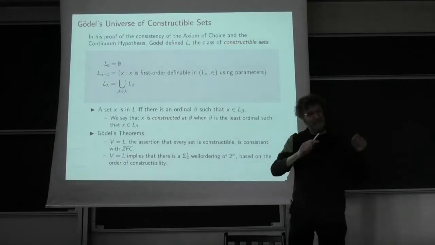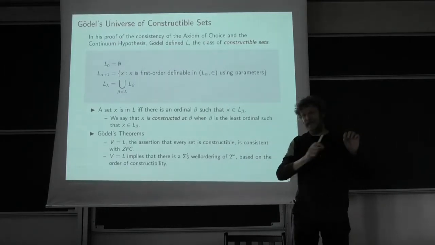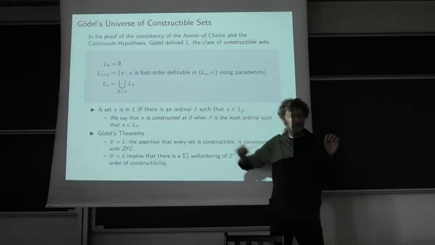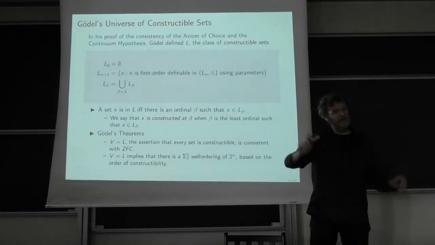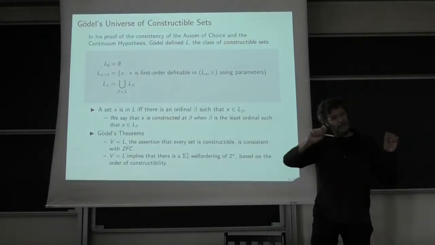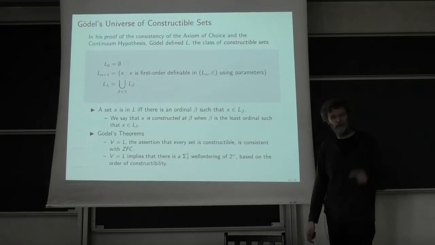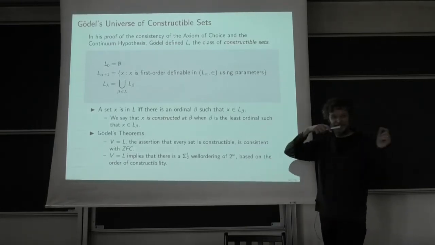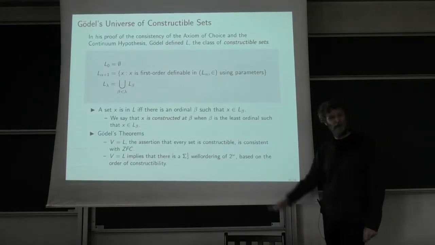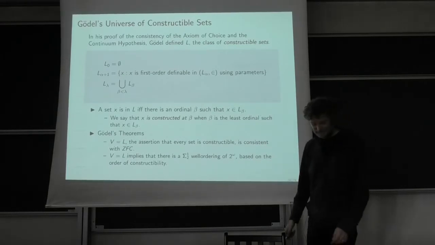Now you're ordering pairs: formulas and the parameters that you might use in a definition. You order that whole thing, and that gives you a well-ordering of all the new points. So they are ordered by the complexity, in that sense, of how they got into L.